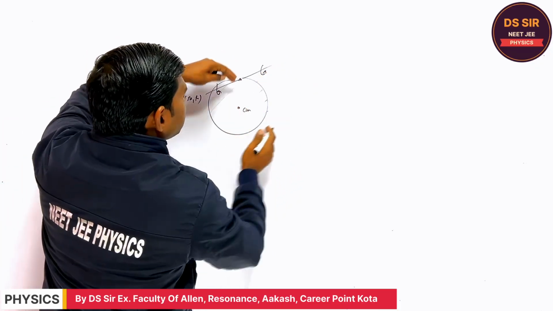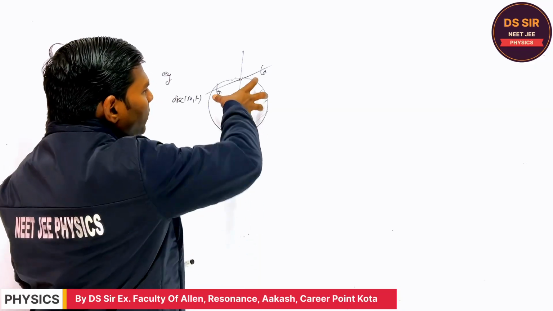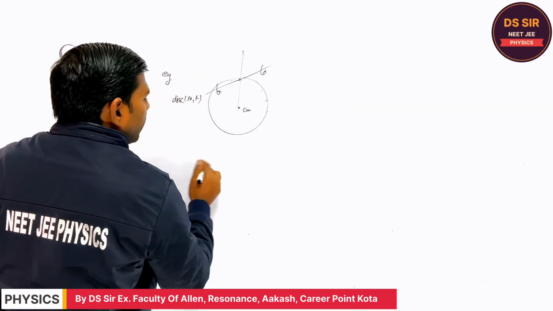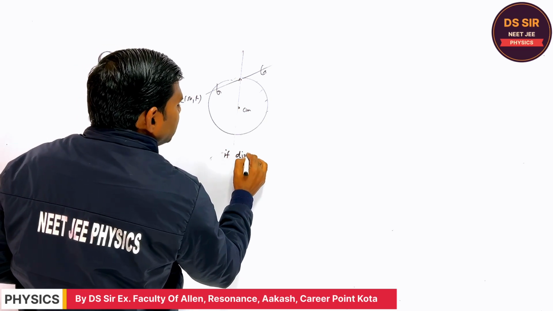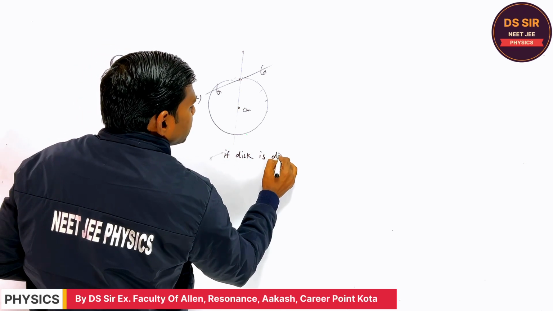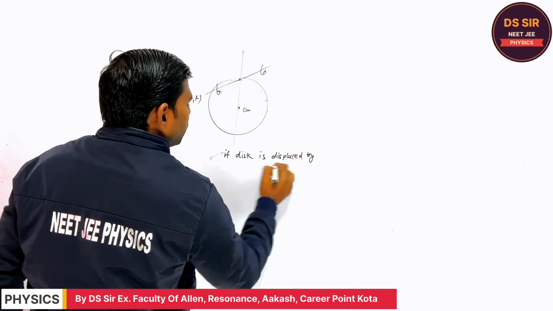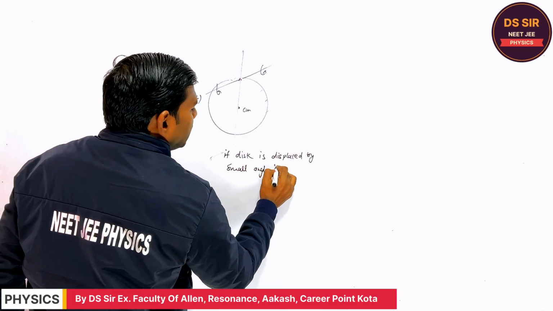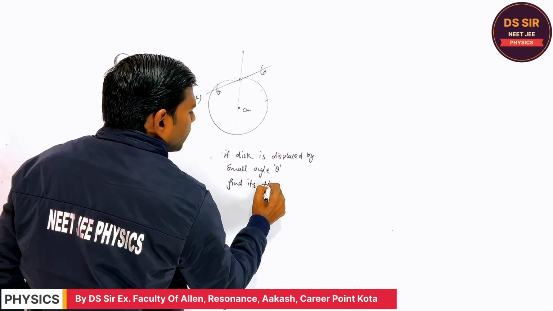Initially at equilibrium the disk will be like this, and it is displaced a little bit. You have to find, if the disk is displaced by a small angle theta, its time period of oscillation.